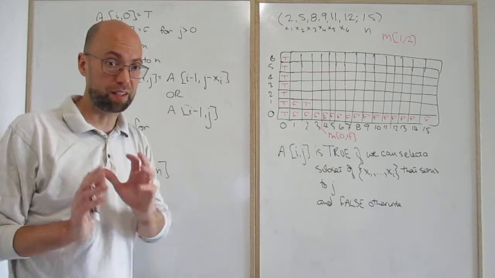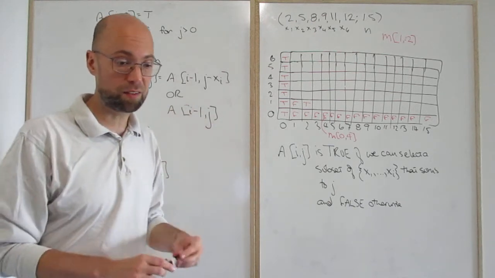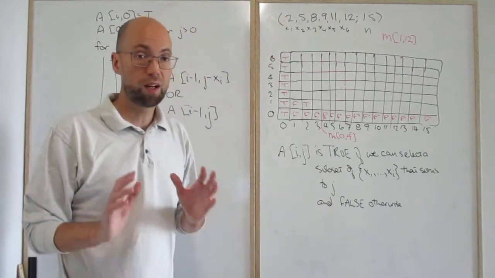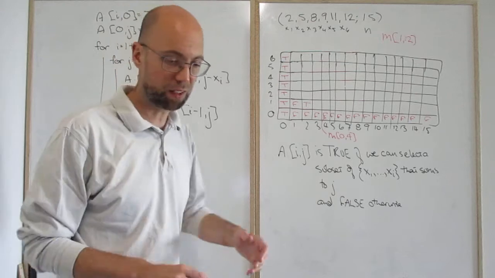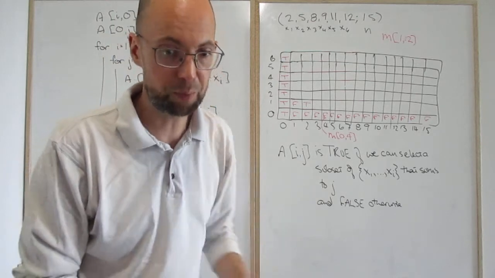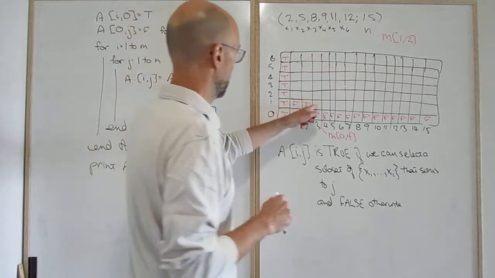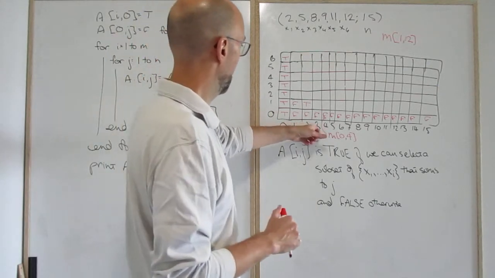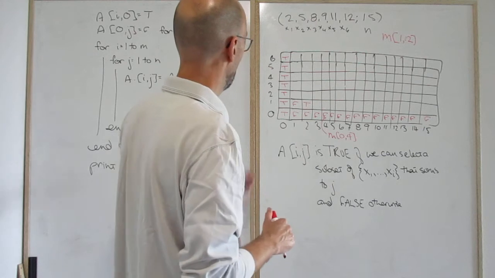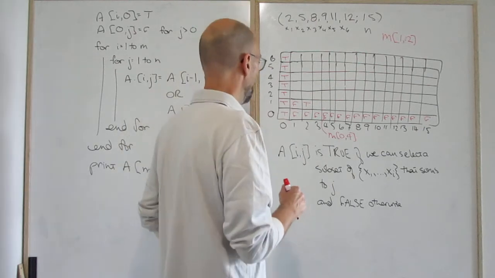Remember I said before when we were doing edit distance, we just had to consider the stuff that's above and to the left, but okay, let's fill in some more of these so people can see what's happening. Okay, so can we get exactly 3 from subset x1?